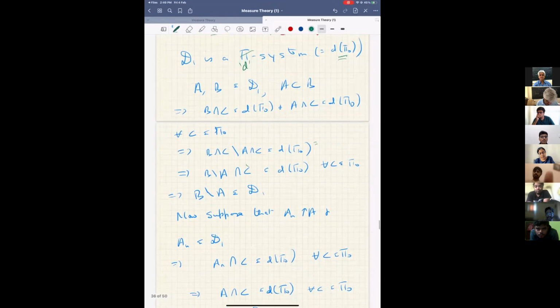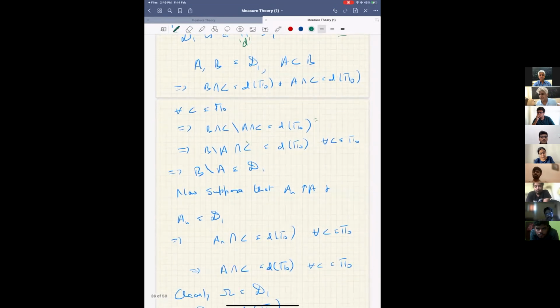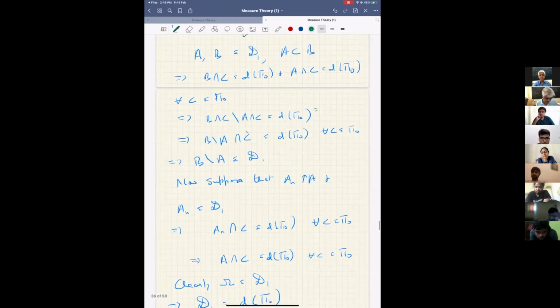Okay. So now you'll see, AN is increasing to A, and all the ANs are in D1, let's say. So now we want to say that A is also in D1, right? So AN is in D1, that means AN intersection C is in D of pi 0 for all C in pi 0, right? That's what the membership means.